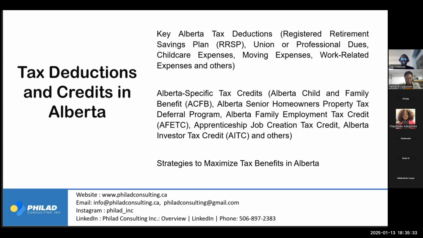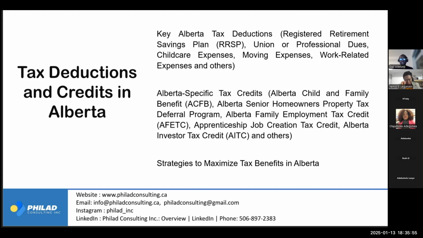And what are the strategies you can use to maximize your benefit in Alberta? You can combine your Alberta Child and Family Benefit and the Alberta Family Employment Tax Credit together, for low to medium income family earners.